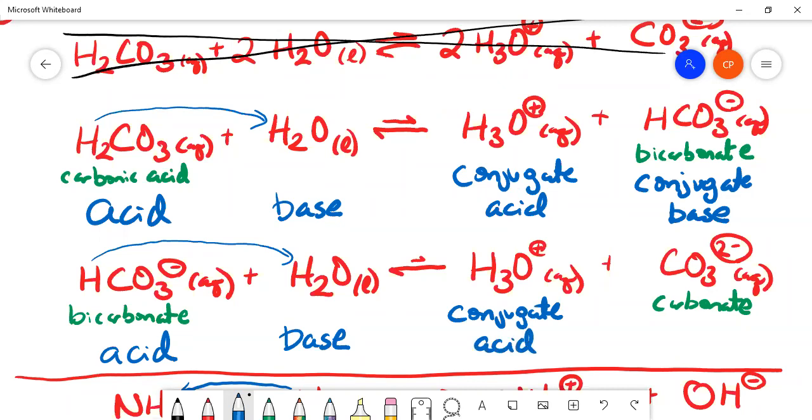Regardless of circumstance, regardless of behavior, every base has a conjugate acid. Every acid has a conjugate base. The conjugate acid, bicarbonate here is behaving as an acid. The conjugate base of bicarbonate is what? The carbonate ion.